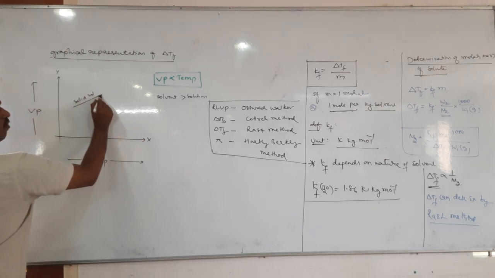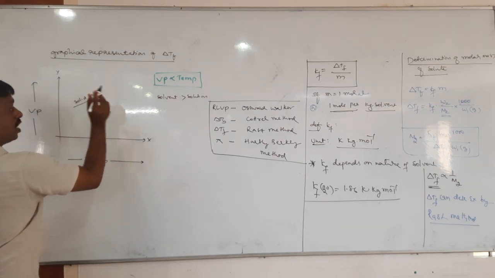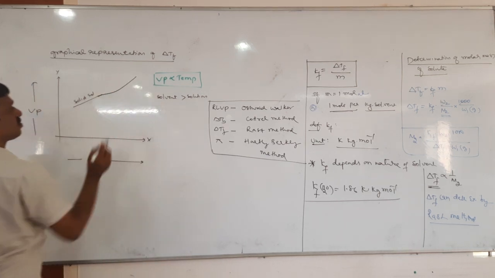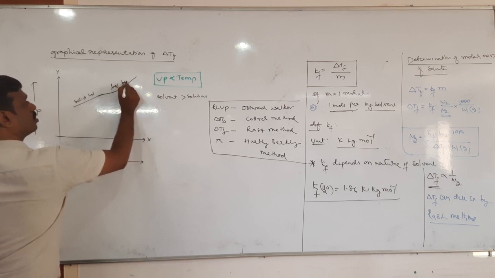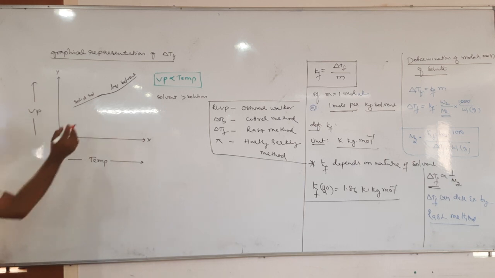Now, for example, at this temperature it does not boil, it melts or freezes. It means you will get a curve like this. This is the liquid solvent.